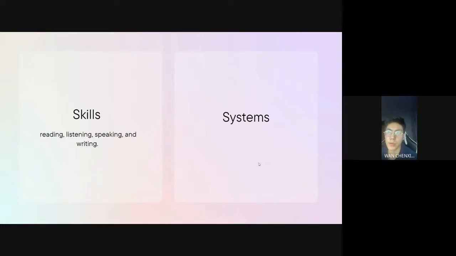These skills can be further divided into two subcategories: receptive skills, reading and listening, which involve receiving language, and productive skills, speaking and writing, which involve producing language. Next slide, please.